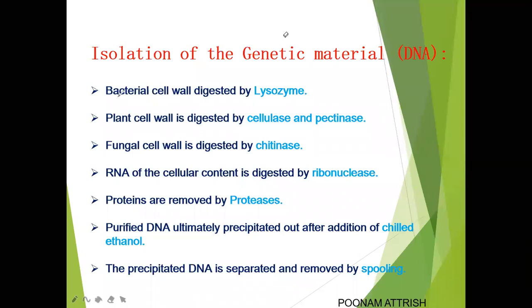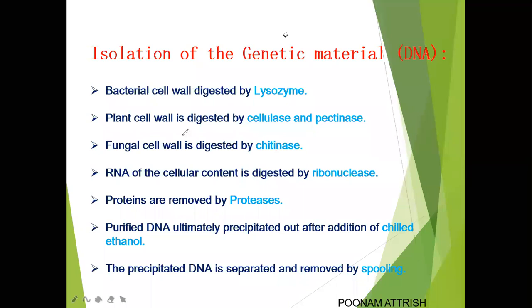For example, bacterial cell wall is made up of peptidoglycan, which can be only digested by lysozyme enzyme. Plant cell wall has cellulose and pectic substances, so respective enzymes are required like cellulase and pectinase. If you talk about fungus, the cell wall is made up of chitin, so respective enzyme chitinase is required.